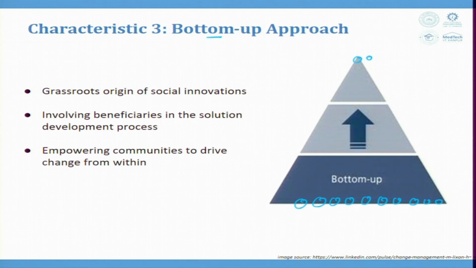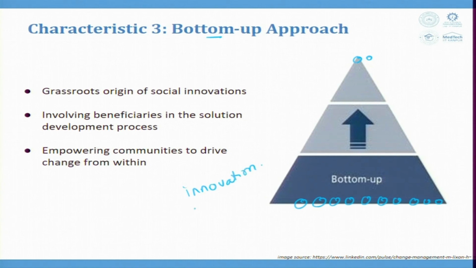So, bottom-up approach is one thing. The grassroots origin of social innovation comes from bottom-up approach. There is a huge space, even today there is a huge space at the bottom of the pyramid, which pushes you towards innovation.